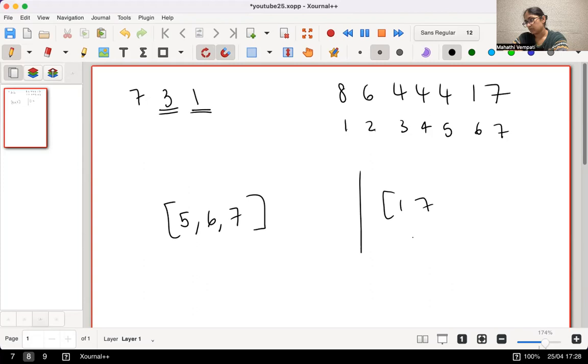Then maybe I want to put 2, but I would have put that in either.